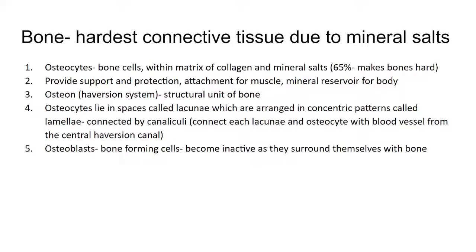Now, remember we said before that a blast is a building cell. Well, an osteoblast is a bone building or bone forming cell. When these osteoblasts form a bunch of bone material around themselves, they become inactive. Basically, they've surrounded themselves, and I like to say they painted themselves into a corner.